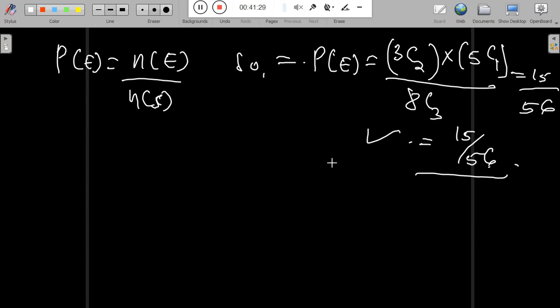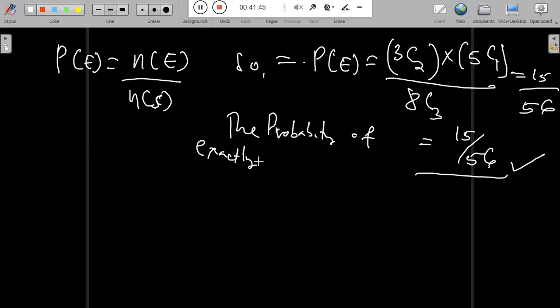So we may conclude that the probability that exactly 2 eggs are rotten is 15 over 56.